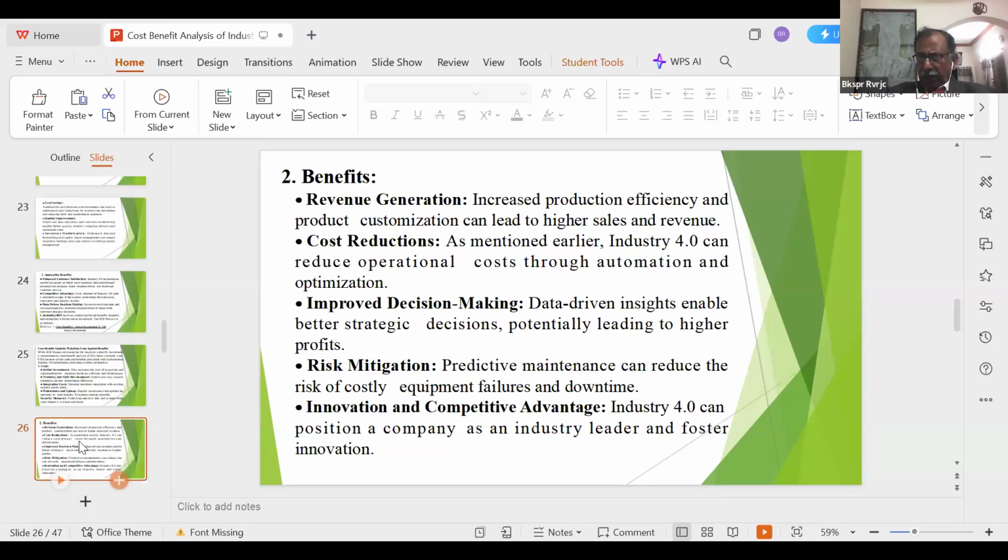The fourth one is risk mitigation. Predictive maintenance can reduce the risk of costly equipment failures and downtime. And the last one, the fifth one, is innovation and competitive advantage. Industry 4.0 can position a company as an industry leader and foster innovation.